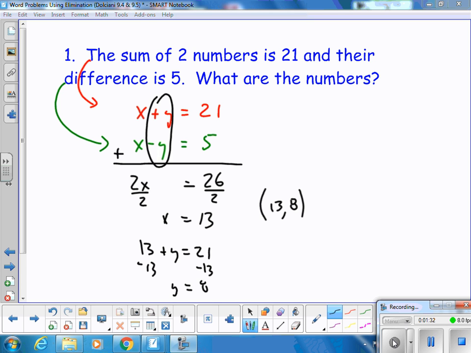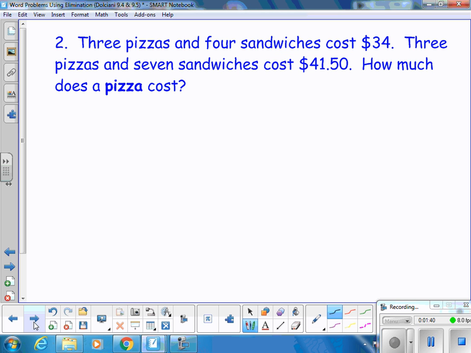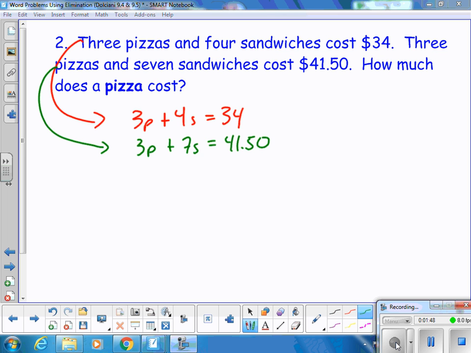The sum of 2 numbers is 21, and their difference, the 2 numbers should be 13 and 8. Let's try this next one. All right, why don't you press pause, build your equations, and let's see if we match. I used the variables p for pizza and s for sandwiches instead of x and y.